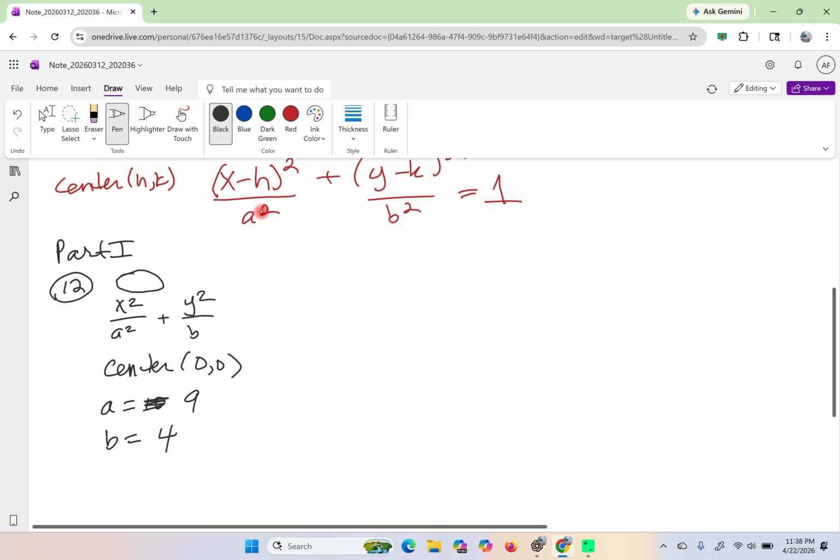So filling out our equation, x squared over a squared is 81, and then y squared over b squared is 16. And again, the center is at 0, 0, so therefore it's our basic equation, and this is always equal to 1.